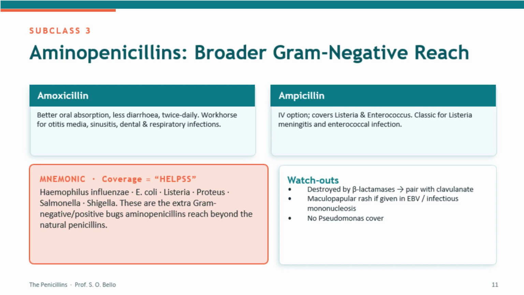Second, a very testable pearl: giving an aminopenicillin to someone who actually has infectious mononucleosis from EBV produces a characteristic maculopapular rash that is not a true penicillin allergy. And note, no Pseudomonas cover here.